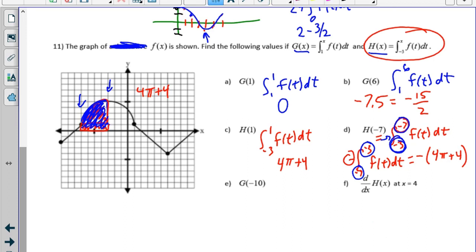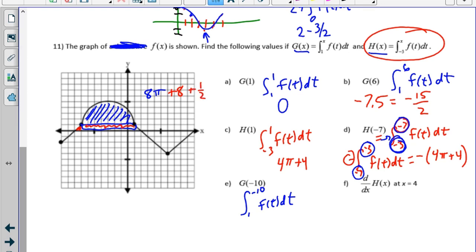Letter E, g of -10. That's the integral from 1 to -10 of f of t dt. Based on what we just learned, if I go from 1 to -10, I have this entire semicircle, which is 8 pi, this entire rectangle, which is 8, plus that triangle.